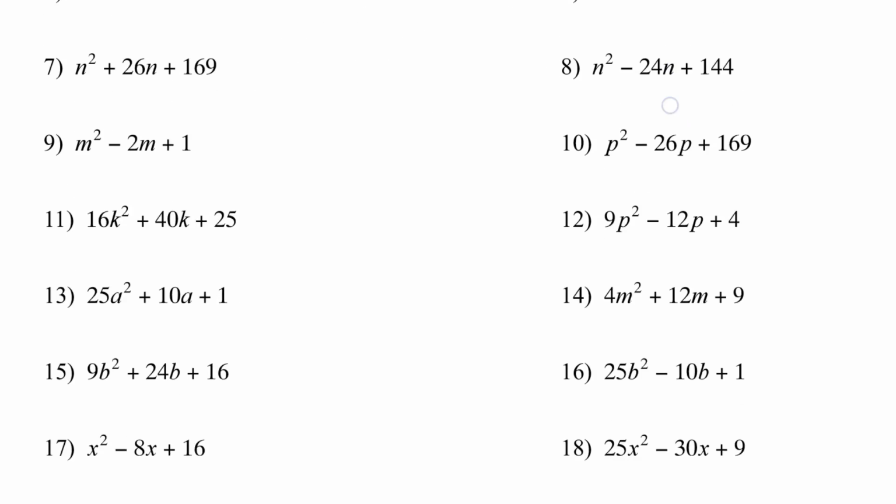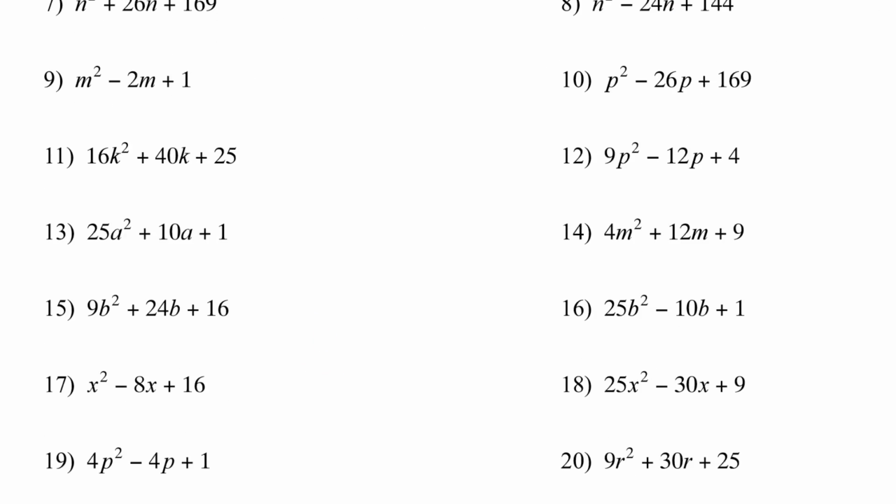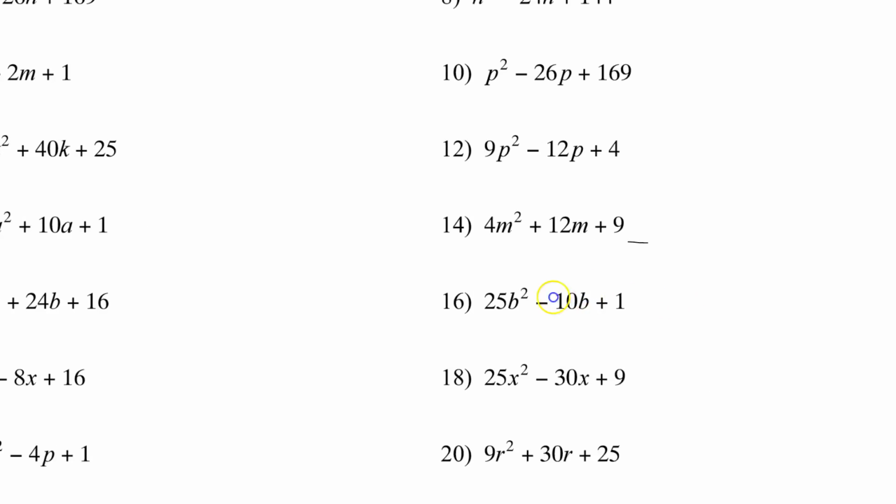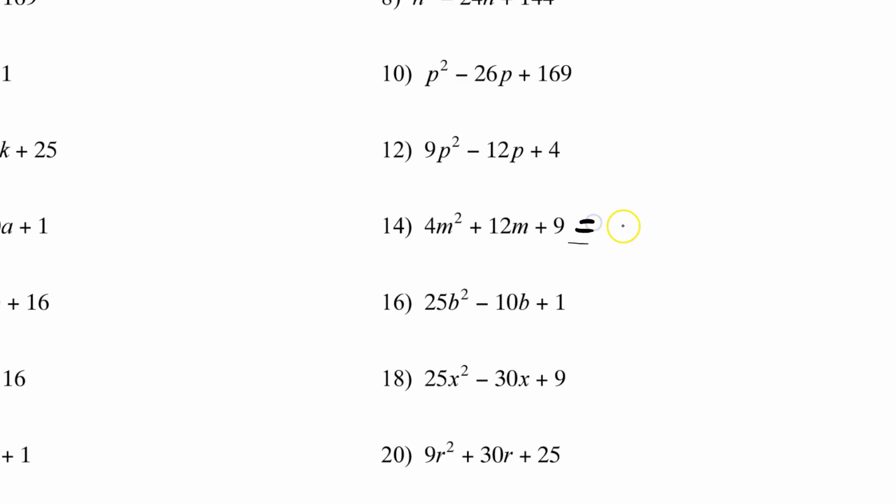What happens though when we get numbers that are a little bit more difficult, like this one right here? Let's say that I'm going to rewrite this as (2m) squared plus 2 times 2m times 3 plus 3 squared. So I know that my b is 3 because 9 is 3 squared.